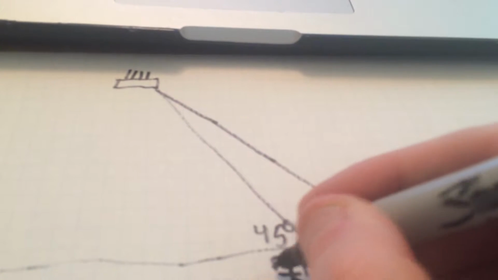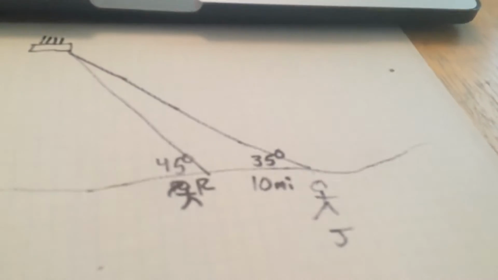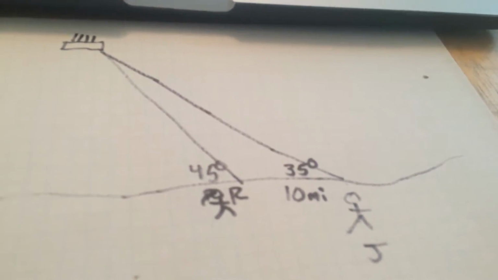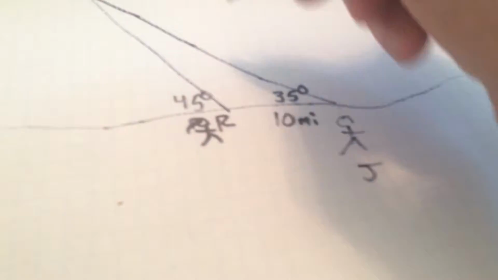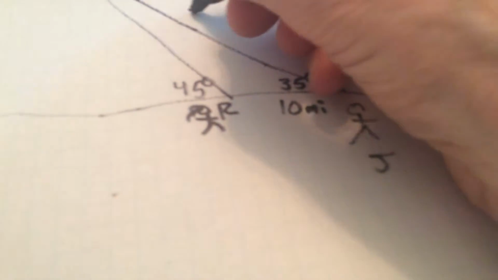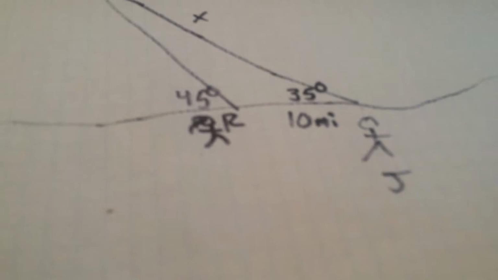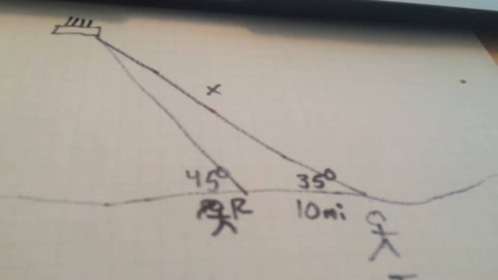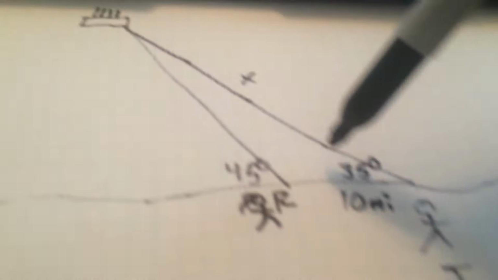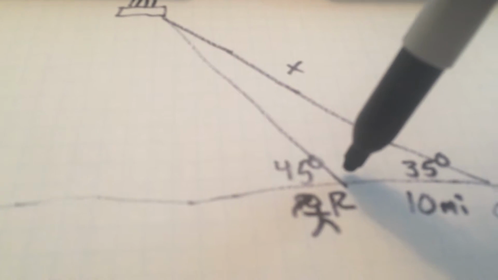Alright, here's Romelia. Alright, so we want the distance from the ship to Juan. So, we will label that x. Well, let's see what we know. We have this triangle here, and we're going to need to find this angle here.